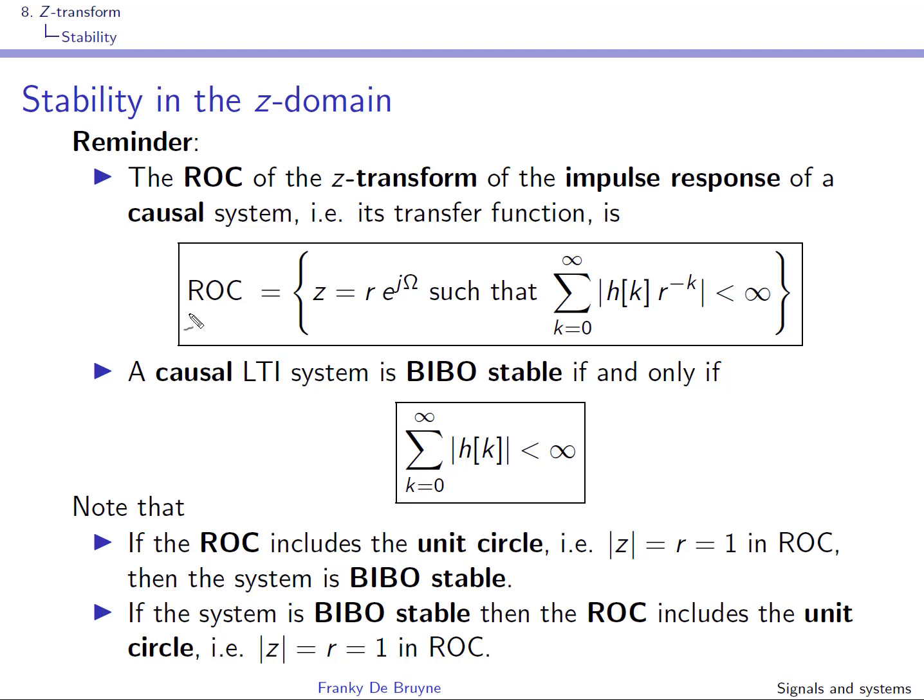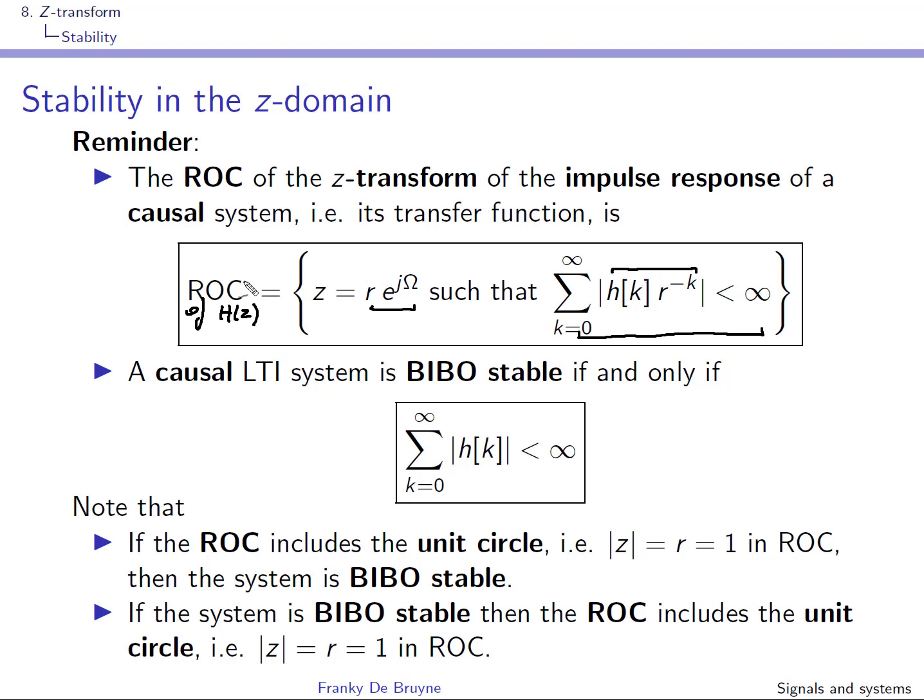So it is the region of convergence of h of z, right? And remember that this is the set of all z's that can be written as a complex number under polar form, such that this sum here is bounded, such that this sequence is absolutely summable. This is another way to see this.